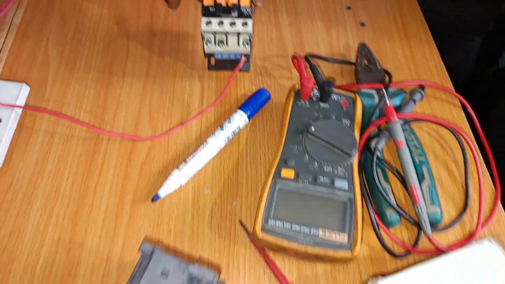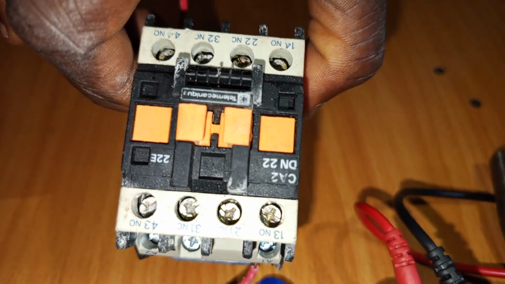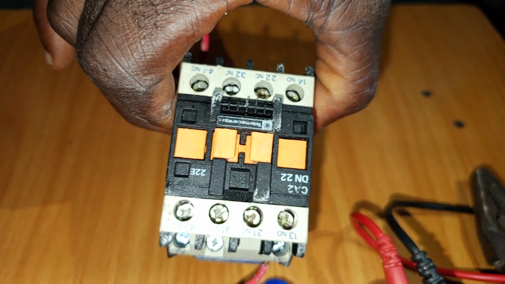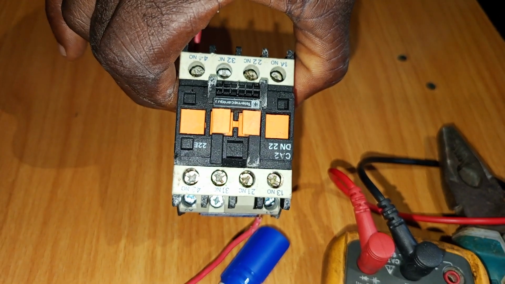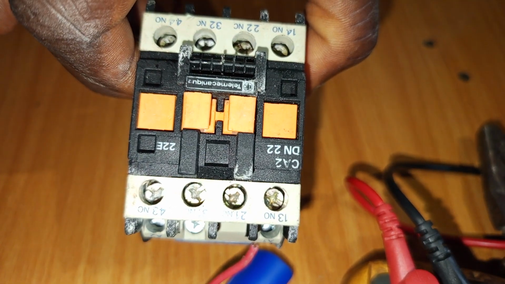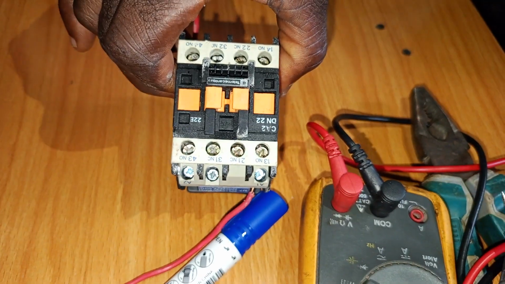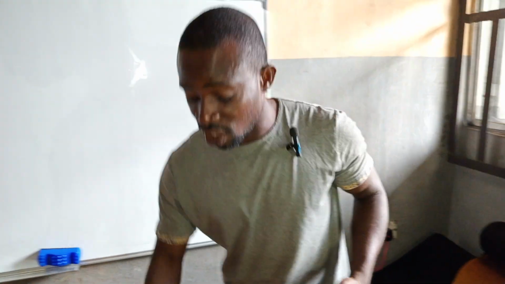In this, you can see we have 13 NO, 21 NC, 31 NC, and 43 NO, 14 NO, 22 NC, 32 NC, and 44 NO. All these things have their own function, depending on what you are going to do with your design. This normally close and normally open is very, very important.